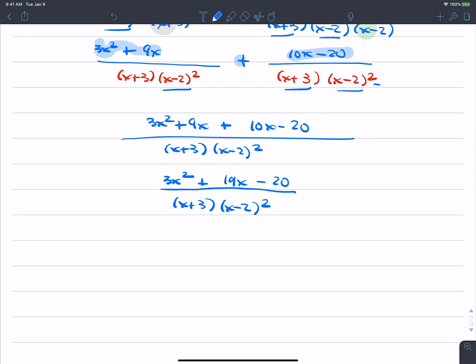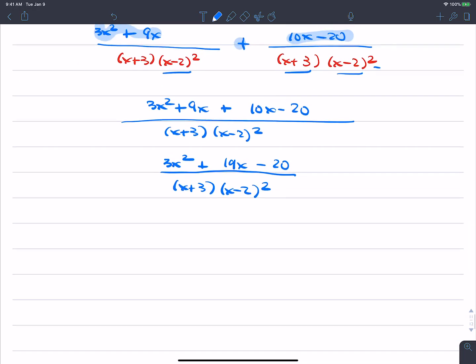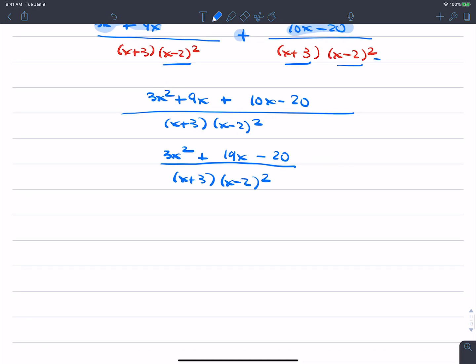Now, we just have to make sure that your fraction here is simplified, and the numerator may or may not be factorable, but I know one thing for certain. Even if it is factorable, it won't have an x plus 3 term. It also won't have an x minus 2 term, because the greatest common factor of my numerator polynomial there is 1.